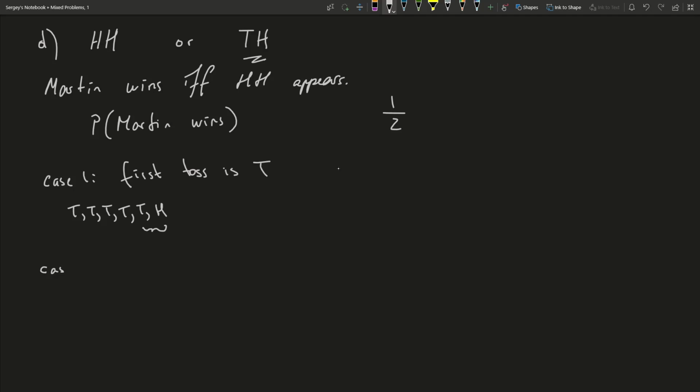Now let's consider the second case. The first toss is heads. If the first toss is heads, then we need to see what the second toss is. If the second toss is also heads, then we get heads, heads, and Martin wins.